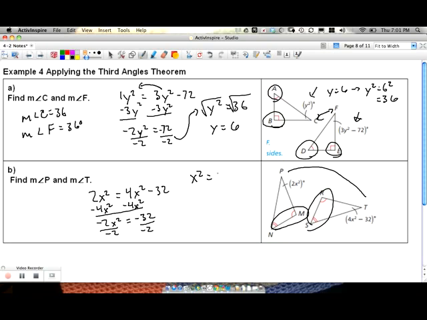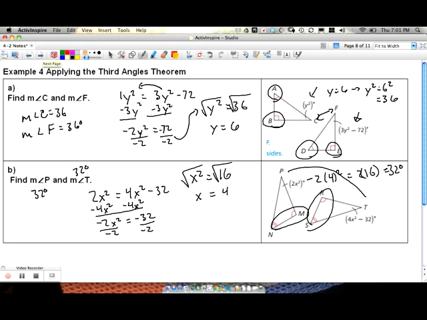Well, let's try this one. We're going to have 2 times 4 squared, which is equal to 2 times 16, which is equal to 32 degrees. So what's the measure of angle P? 32 degrees. What's the measure of angle T? 32 degrees. Excellent. Pause. I'm about to move forward in 5, 4, 3, 2, 1.